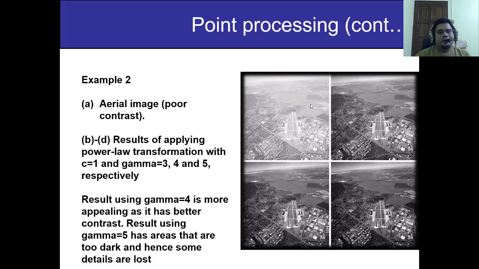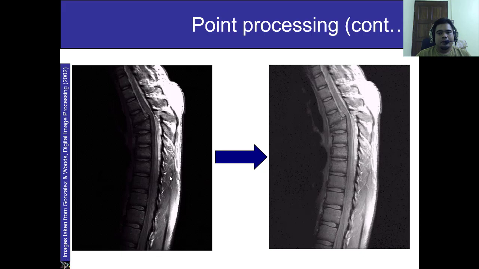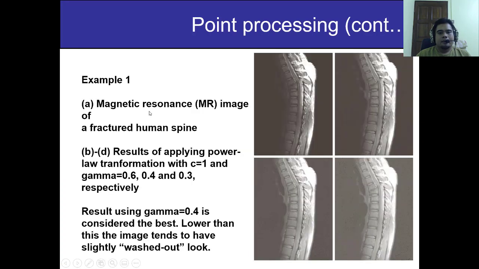If the image is a low bright contrast image, you can use a power law where gamma is more than 1. If it is a low dark contrast image, like this one, then you can use the power law transformation function where gamma is less than 1.